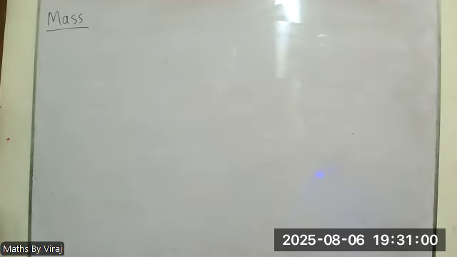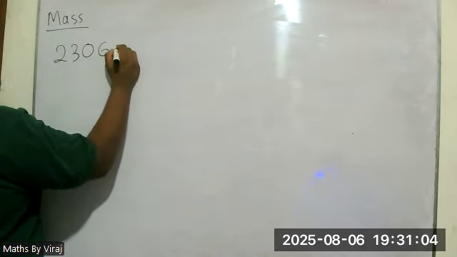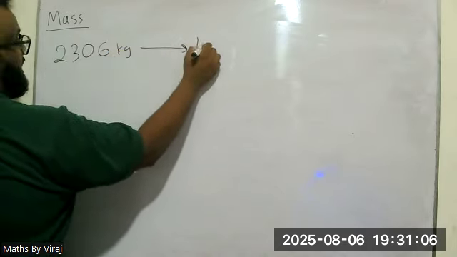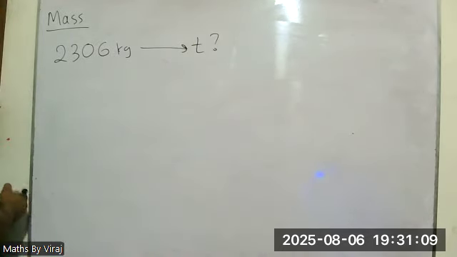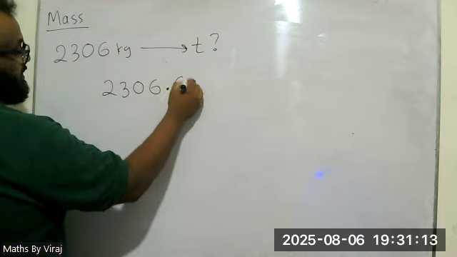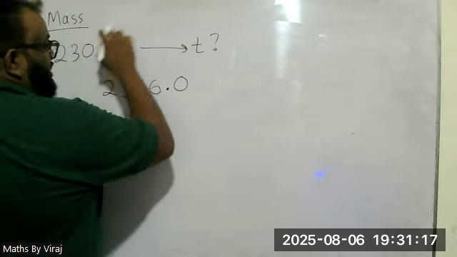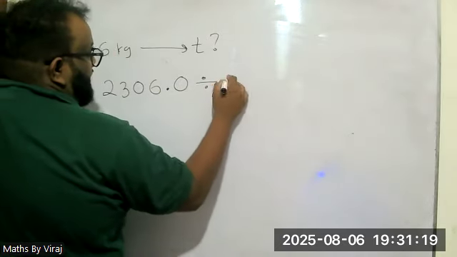Now, I have 2306 kilograms. How many tons is it? Now, you should understand that when there is a whole number, the decimal point is at the end. Now, when converting small to large, what should you do? You should divide.